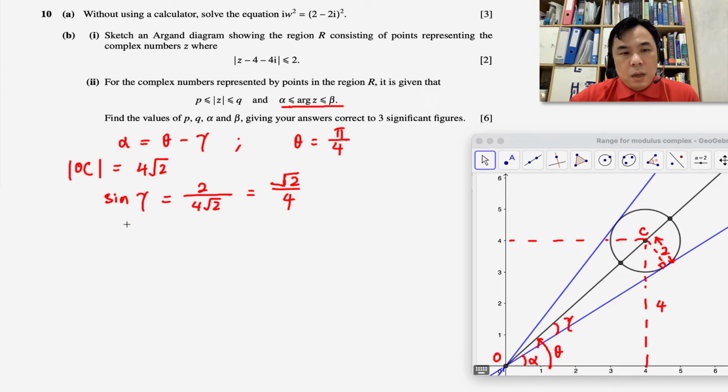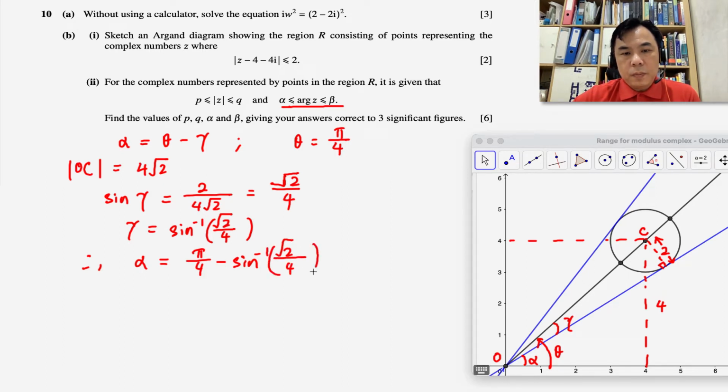And then finally, we can work out gamma as sine inverse of root 2 over 4. By substituting this angle in radian measure, we will be able to conclude alpha as pi over 4 minus the sine inverse of root 2 over 4.